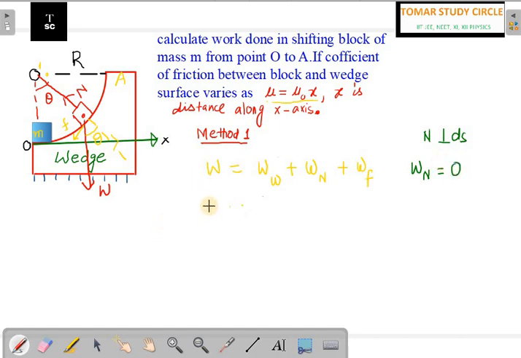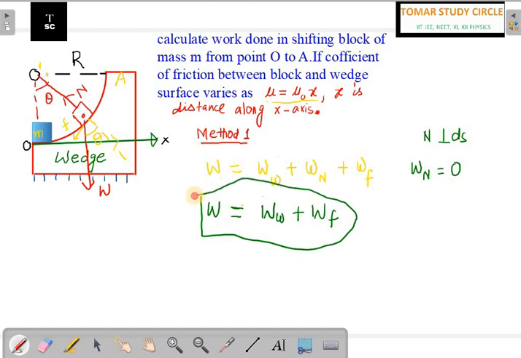So the total work done will be W equal to W_weight plus W_friction. This is the total work done in shifting this block from point O to A.